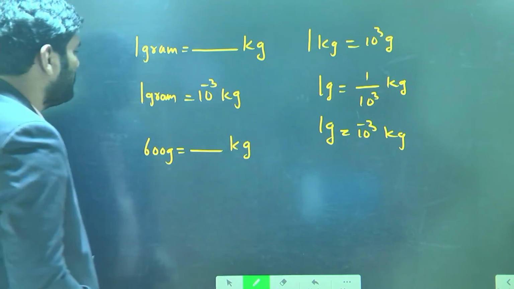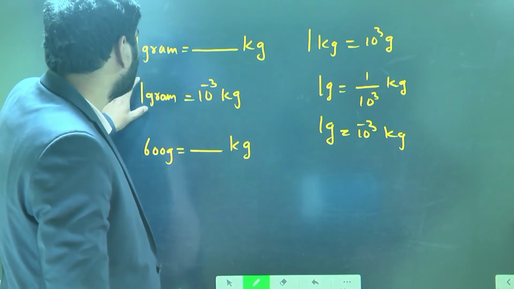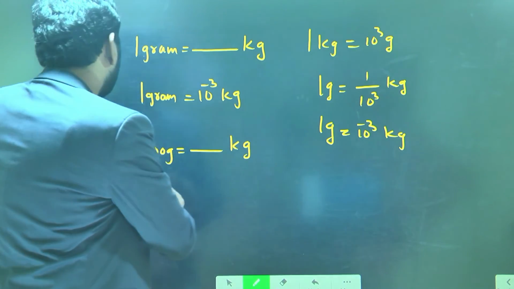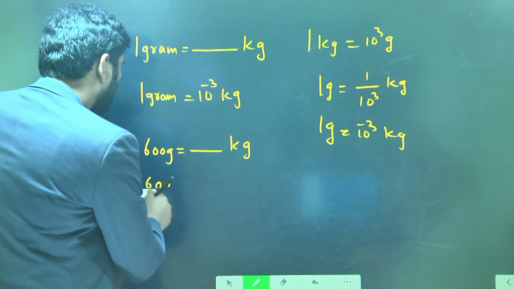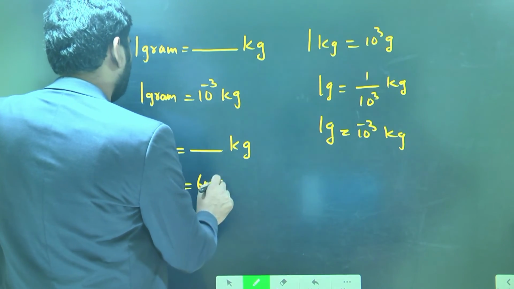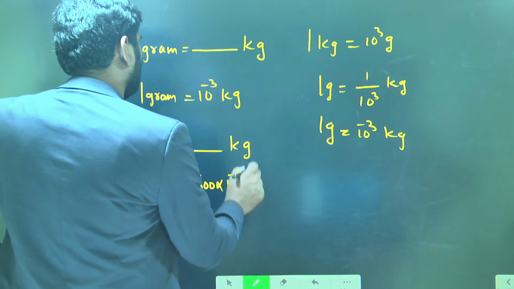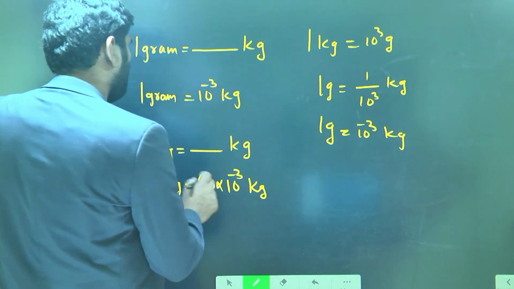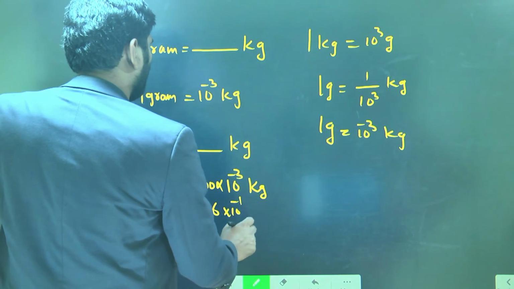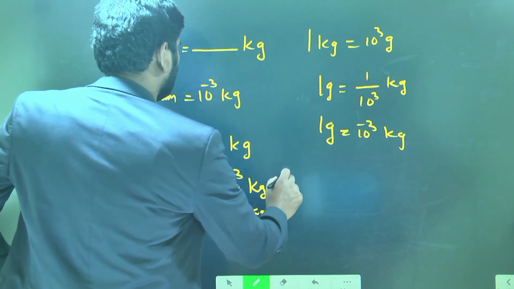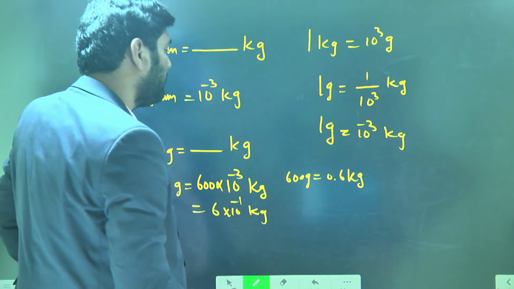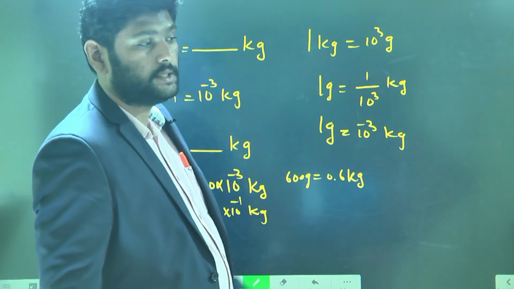Simply by using the same thing: 1 gram is equal to 10 power minus 3 kg. So 600 grams is 6 into 10 power minus 1 kg, or else 600 grams is equal to 0.6 kg.